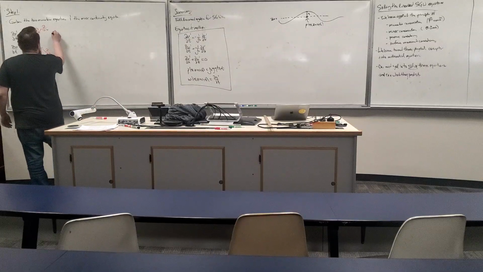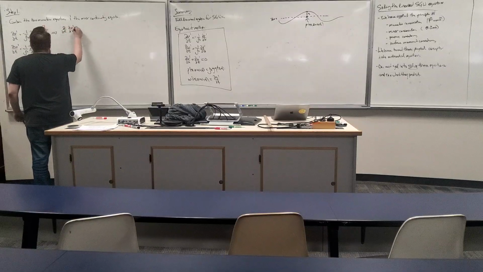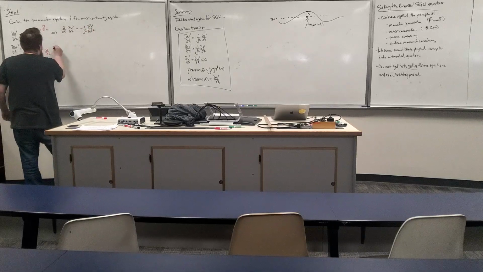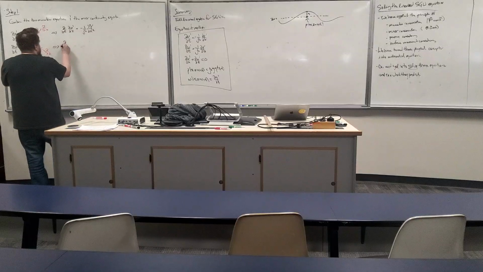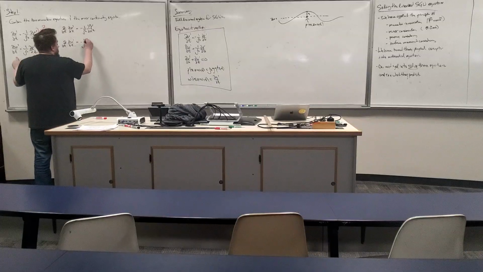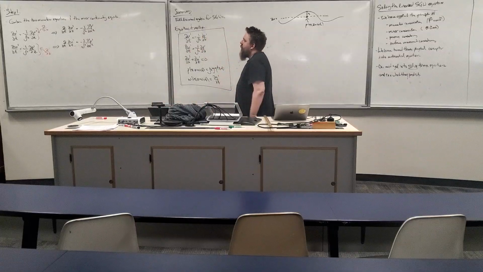When we take the x derivative of this, we get d by dt of du prime dx equals negative 1 over rho naught d squared p prime dx squared. And when we take d by dz of this equation, we get d by dt of dw prime dz equals minus 1 over rho naught d squared p prime dz squared.